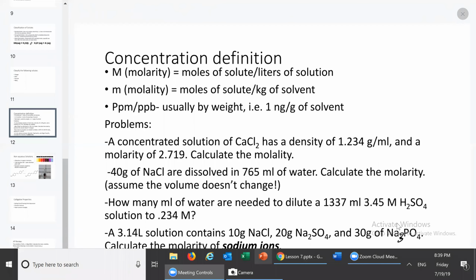Can you check that again? Great, yeah, 141.8. So remember that there are 2 sodiums and 4 oxygens, which I think might be where the mistake is coming from. I'm not sure. Oh, wait, let me check something. Times 2. I think I know what your mistake is. Let me just check it.